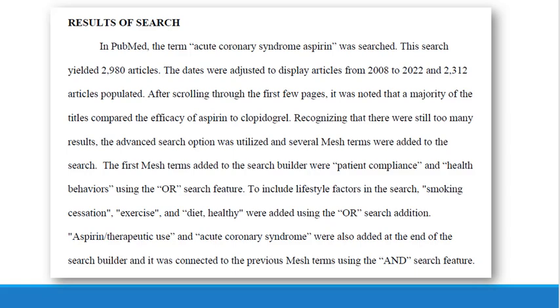Here's another example, something from, I can't remember what the article is. It's not something that I did, but go ahead and read through this just to highlight that instead of saying the word keywords, they used the term MeSH.